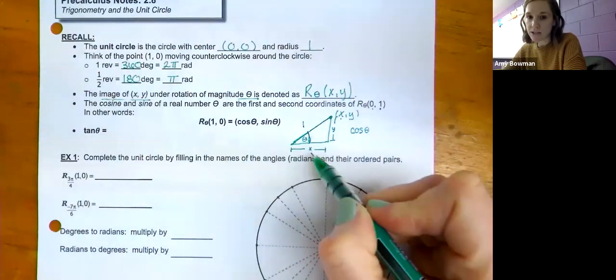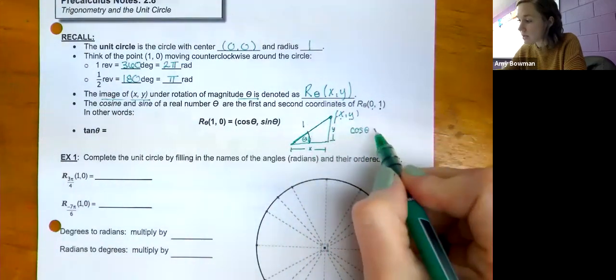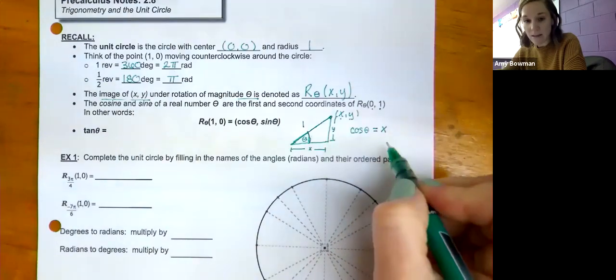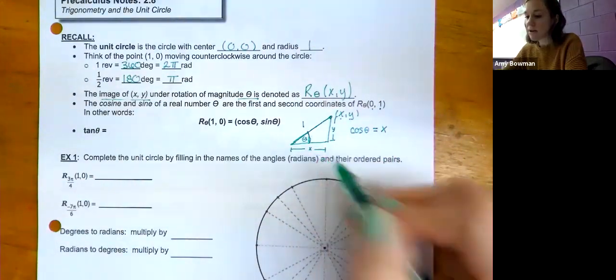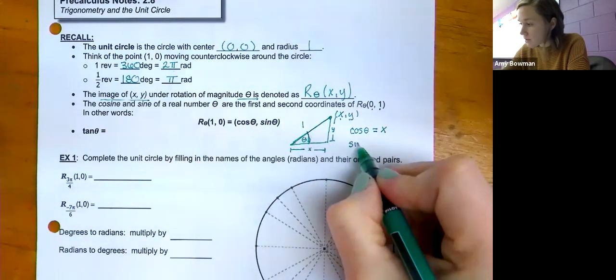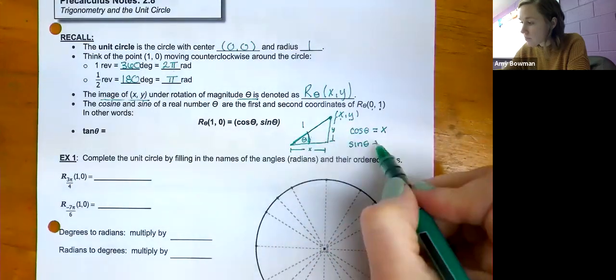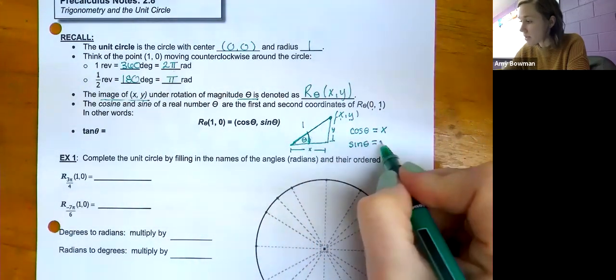Cosine of theta, adjacent over hypotenuse, is just x over 1. So cosine of theta is literally the x value of this triangle formed by this rotation. And then we saw the same thing with the sine of theta. So the sine of theta is opposite y over hypotenuse, which is y itself.